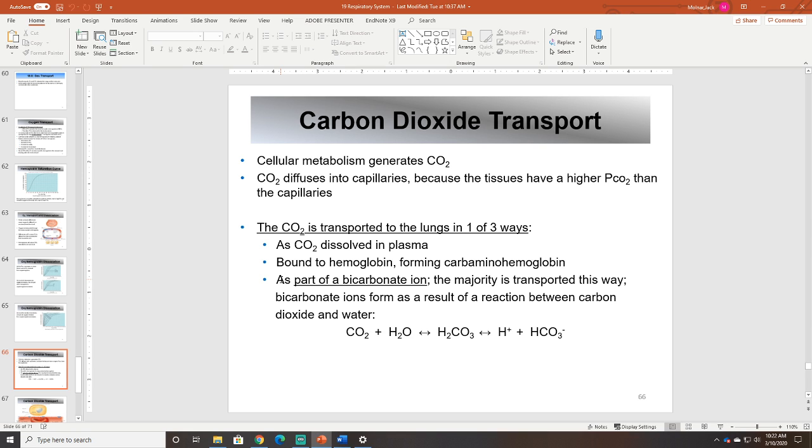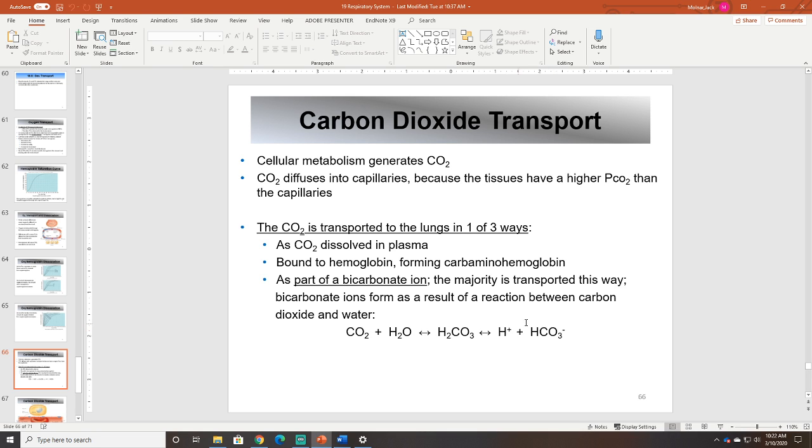All right, so it can also be carried through the blood in the form of a bicarbonate ion. So we've talked about this before. CO2 plus water makes carbonic acid. Carbonic acid can release a hydrogen ion, and then the resulting molecule is bicarbonate. And because it's negatively charged, you could call it a bicarbonate ion. Now, this reaction is perfectly reversible.